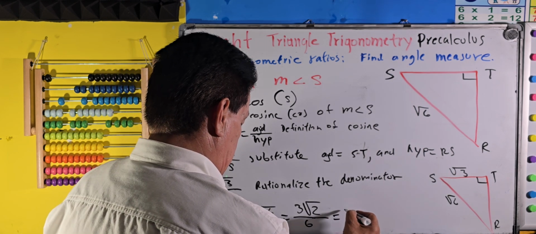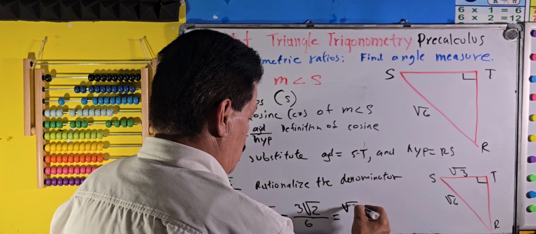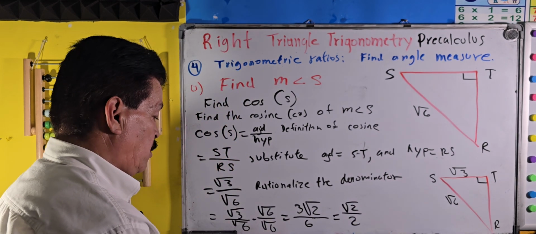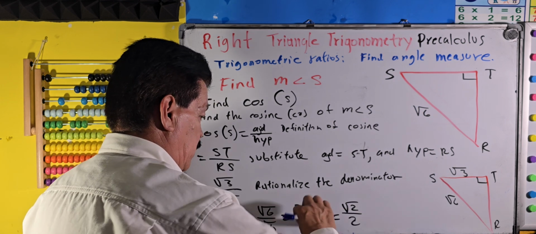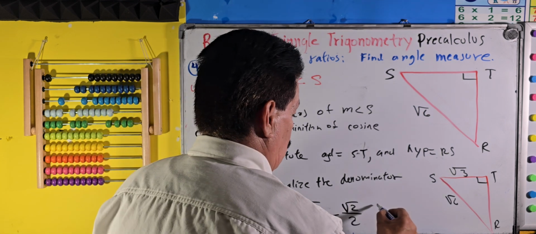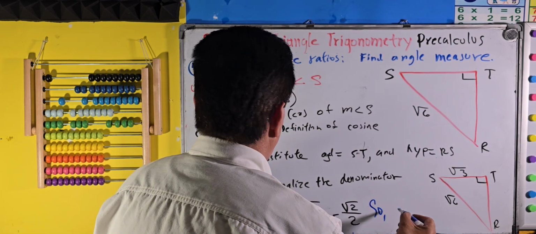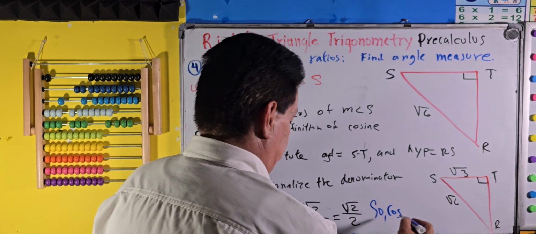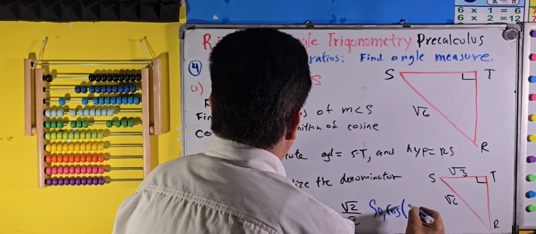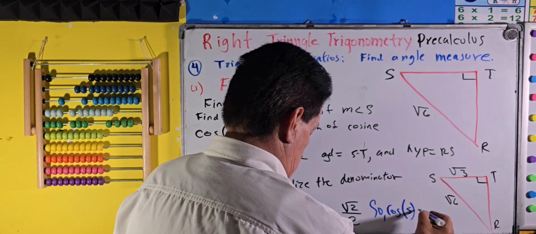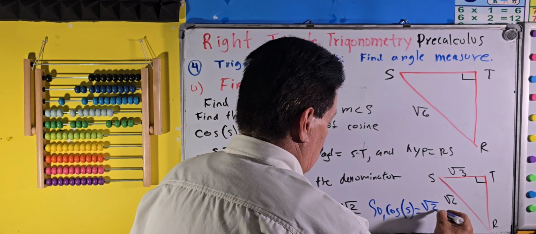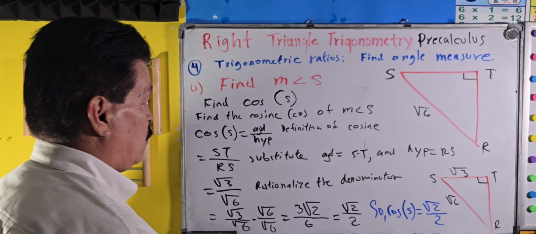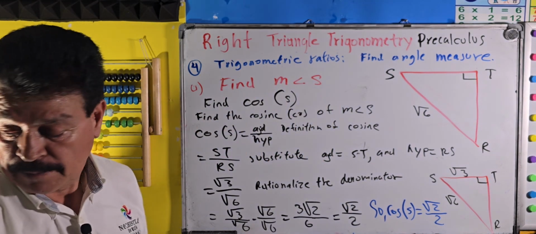The answer is square root 2 divided by 2, right? So our answer is ready. Cosine of angle S is equal to square root 2 divided by 2. That's the answer to our problem.